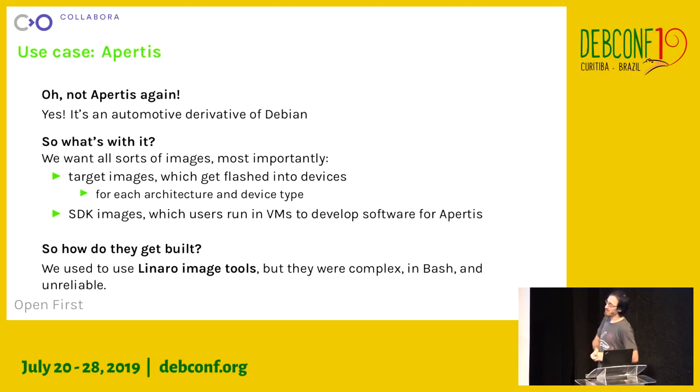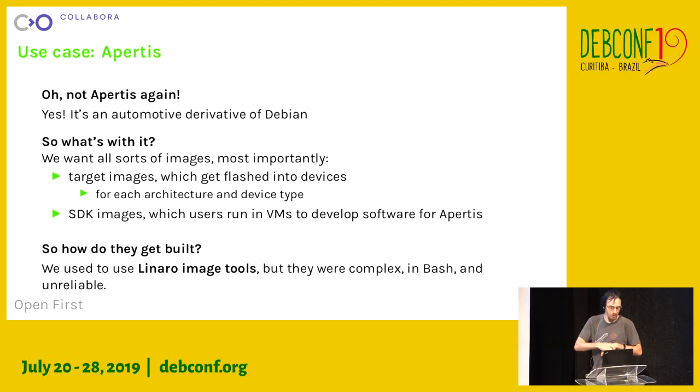Apertis is a Debian derivative for use in the automotive industry. Originally it was intended for infotainment systems in cars, like doing navigation and radio. These days it's more for embedded uses inside the car, but the purpose is more or less the same. Apertis targets a lot of devices running different platforms, most notably ARM64 and ARMhf, but there are also boards with AMD64 compatible processors.